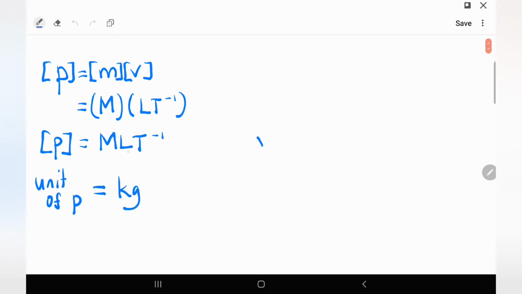L represents length, so the unit of length is meter. While T represents the dimension of time, so the unit of time is second, so that you will get kilogram meter per second. So this is how we use the dimensional analysis in determining the SI unit of any physical quantity.